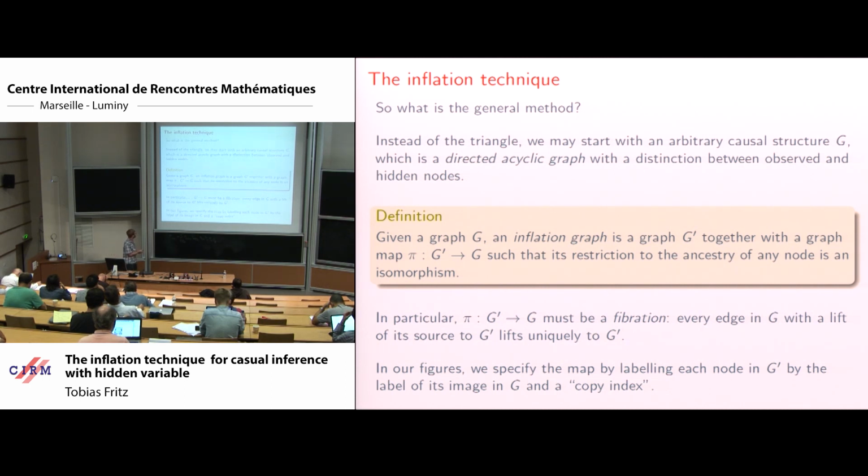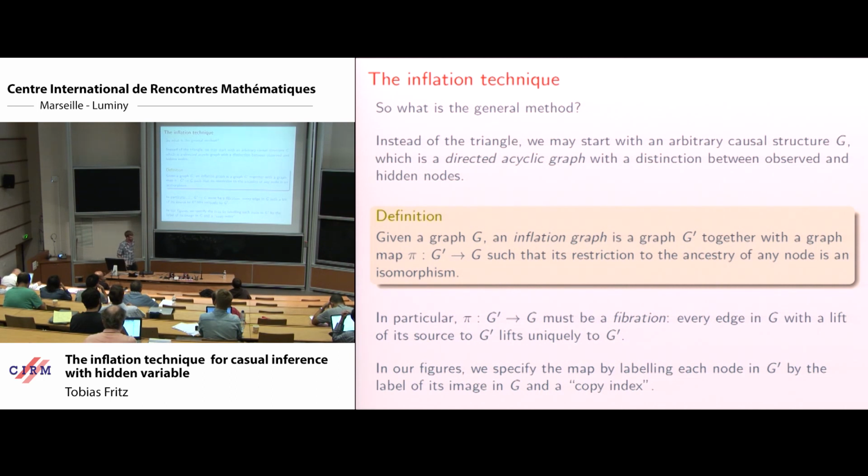Okay, so the map is kind of implicit in the figures that I'm showing. Every such map is in particular a fibration, which we were just discussing already: whenever you take an edge in G and you choose a lift or a preimage of its target vertex, then there's a unique way to lift the entire edge. So there's a unique preimage of the source vertex that has an arrow to the given lift of the target.